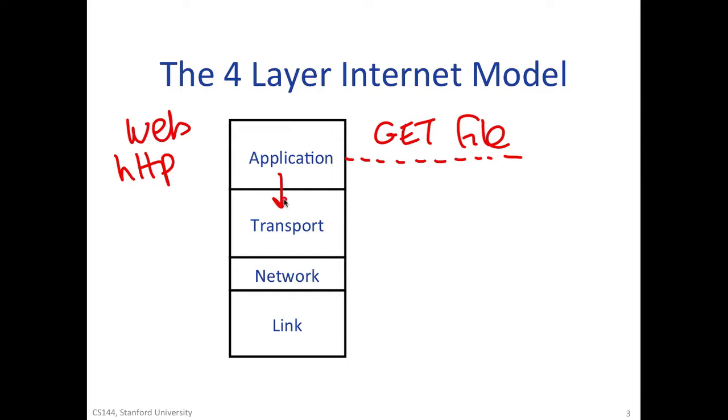Below this, the application is going to call the transport layer, and the most common transport layer used in the internet is TCP, which stands for Transmission Control Protocol. What the transport layer is going to do is take that get file command here, and just see it as a stream of bytes, and send those bytes over to the other end of the communication, and make sure that those bytes actually do arrive, and that they arrive and are delivered in the correct sequence to the application at the other end.